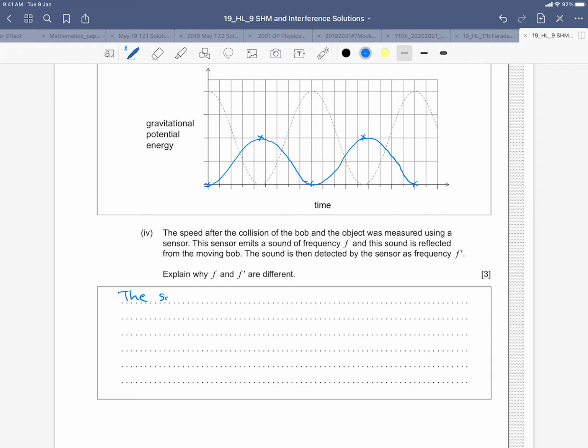The sound reflects off a moving object, and thus the wavelength changes.